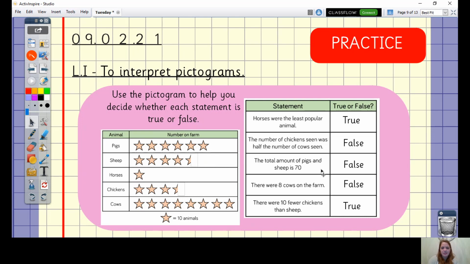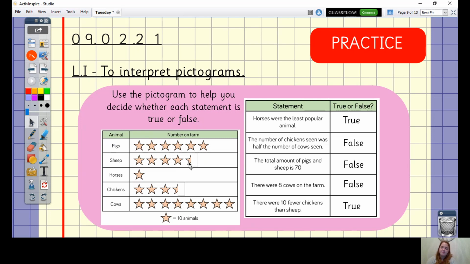So let's count our pigs and our sheep. 10, 20, 30, 40, 50, 60. So there's 60 pigs, and it's telling me that there's 70 of pigs and sheep. Let's carry on counting. 70, 80, 90, 100, 105.